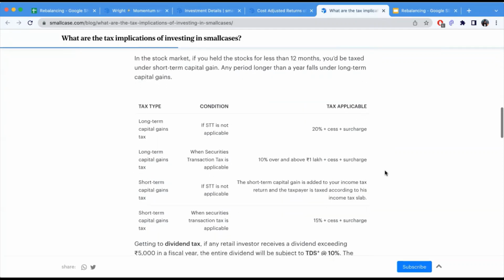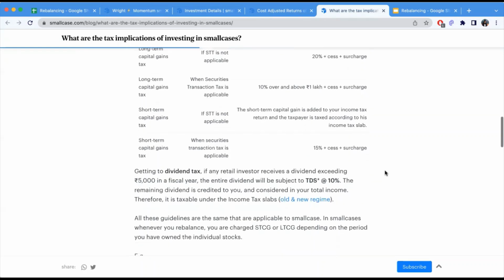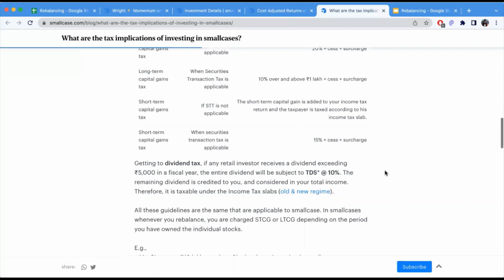So let's say you haven't traded a share for more than 12 months, you've held a share for 12 months, then your tax would be around 10%, and then there will be surcharge on top of it. But if you trade within 1 year, you have not held a share for 1 year, then your tax will be 15%. But if you have made a loss, that will offset the gain, and you can carry forward that loss to further years as well.